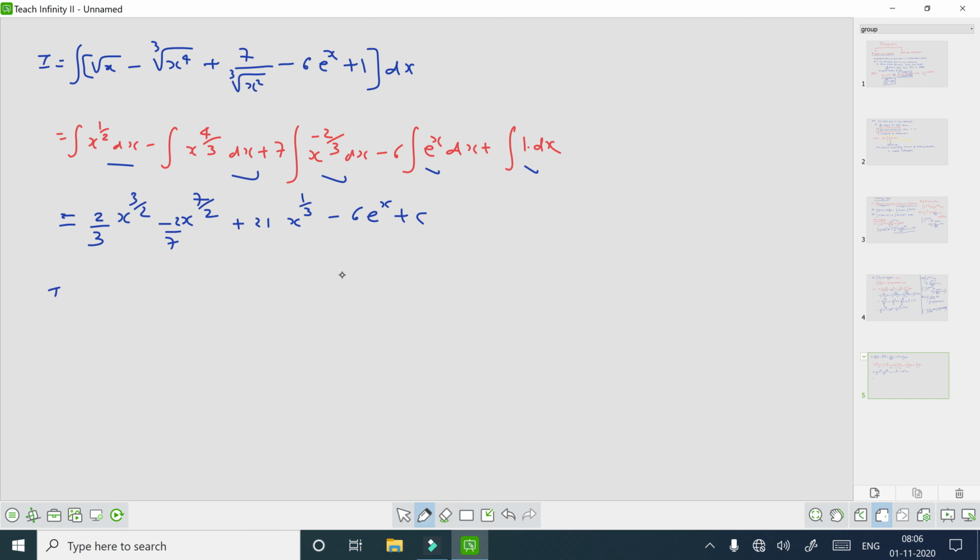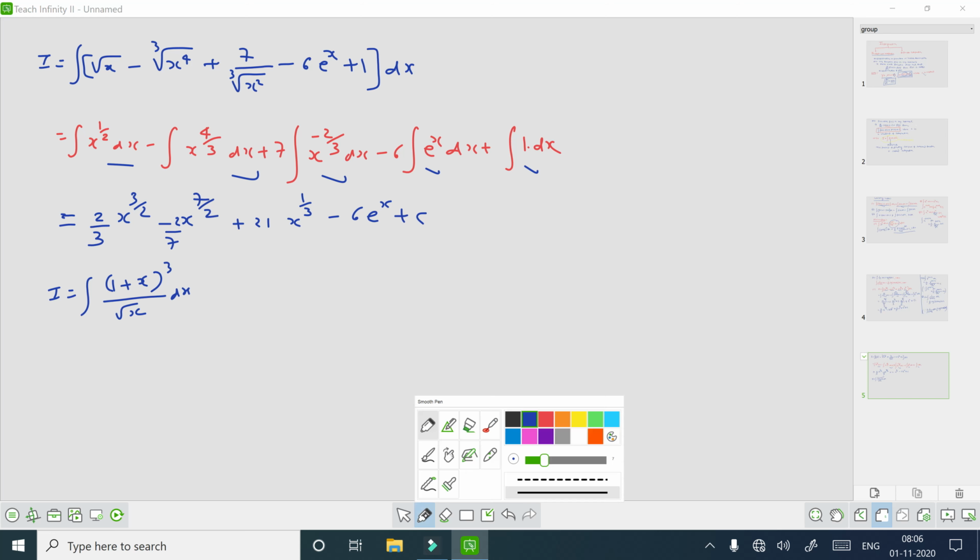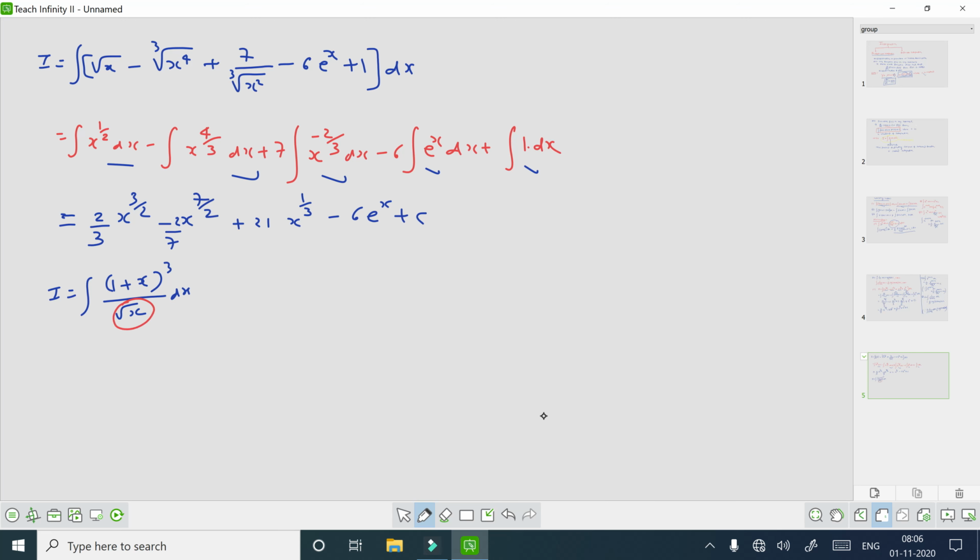I is equal to integral of 1 plus x cube upon root x dx. How to integrate it? See, in the denominator a single root x is given to us, and here a cubic polynomial is given to us. So we need to expand it. What is the formula of a plus b cube?